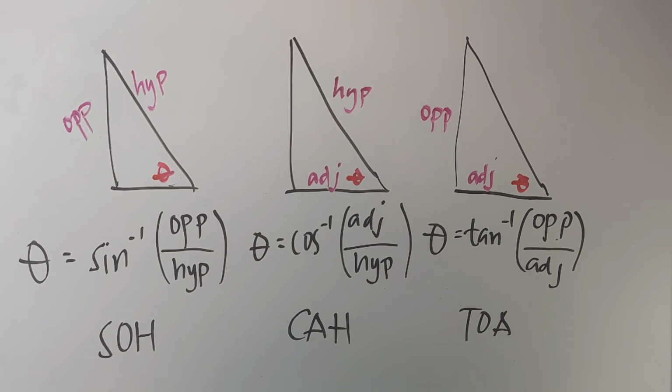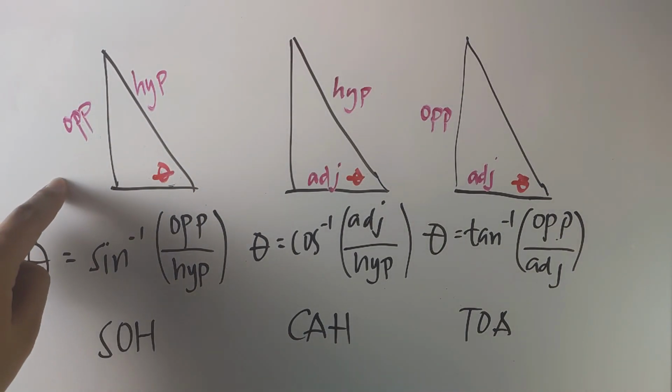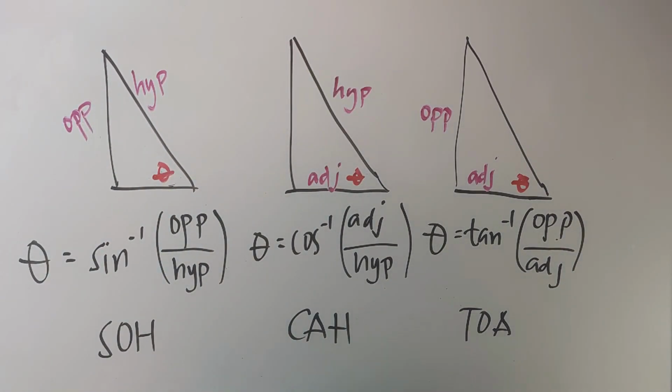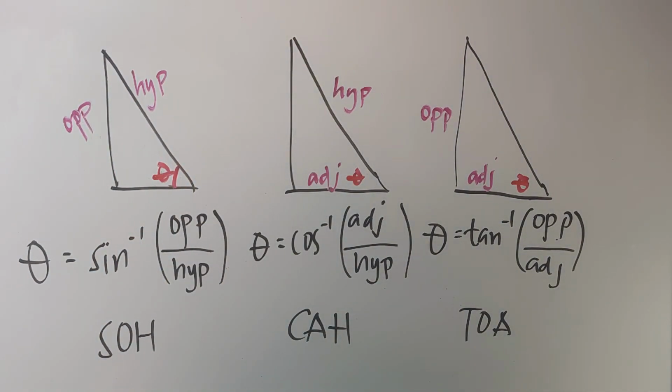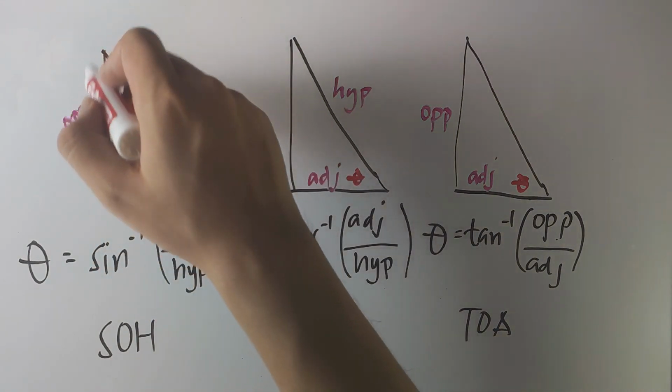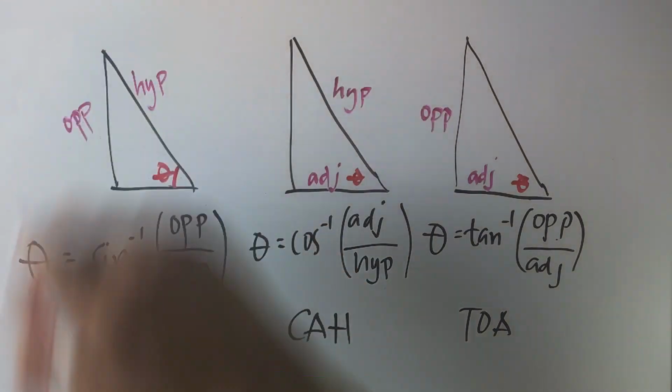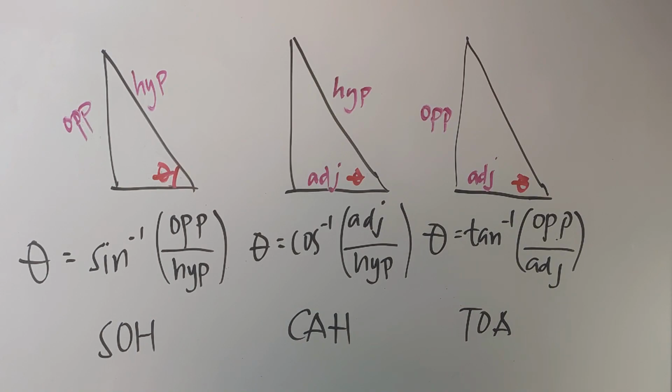If you still remember your parts of the triangle, let's take this first triangle. So this is our angle, which is the theta. Opposite to that angle, that leg is what we call the opposite, and the longest side of the triangle is the hypotenuse.